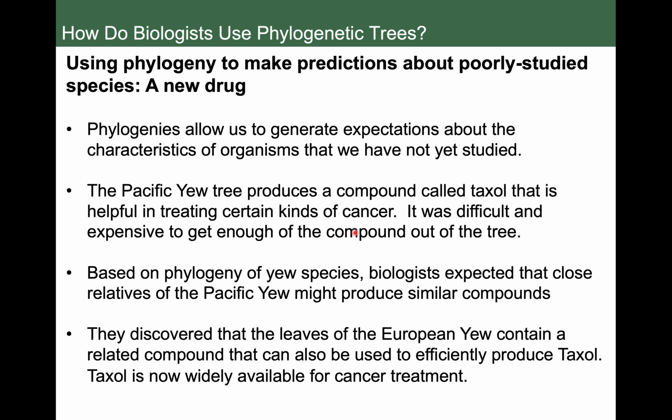And sure enough, by looking at the phylogeny, that pointed researchers towards the European yew, which contains some compounds that were able to be used very efficiently to synthesize Taxol in a laboratory setting. So now it's cheap, quote unquote cheap, right, for chemotherapy treatment, and is a very widely used chemotherapy drug.